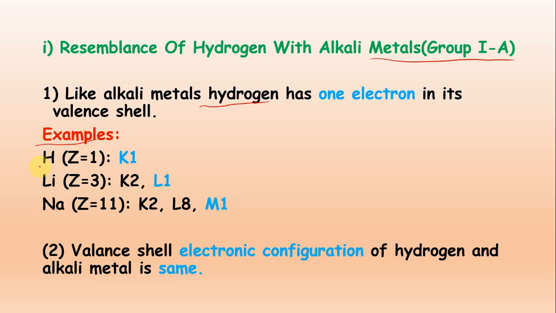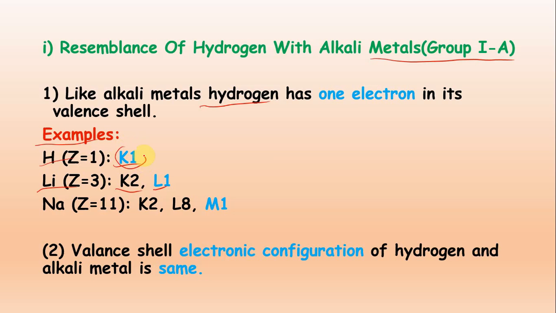Examples: hydrogen has atomic number 1 and it is in the first shell, that is K, and lithium is an alkali metal, its atomic number is 3. In the first K shell we can fill maximum 2 electrons, and in the L shell we fill the remaining one electron.